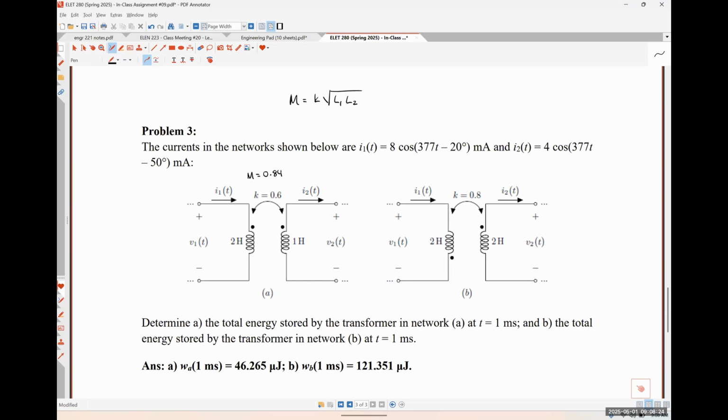So let's call that 849 henries. And in this case over here, we would have 0.8 multiplied by essentially the square root of 2 times 2, which is just 2. So that should be 1.6 henries.